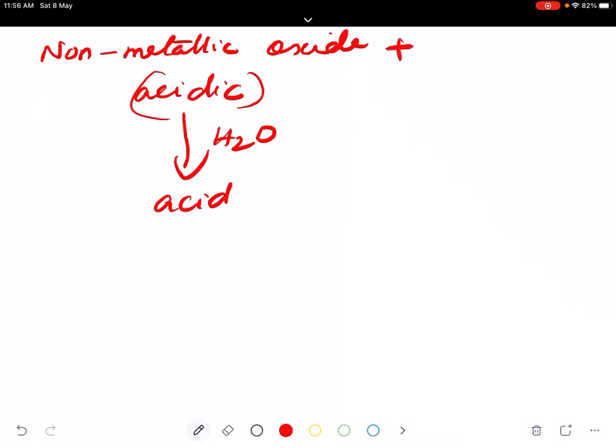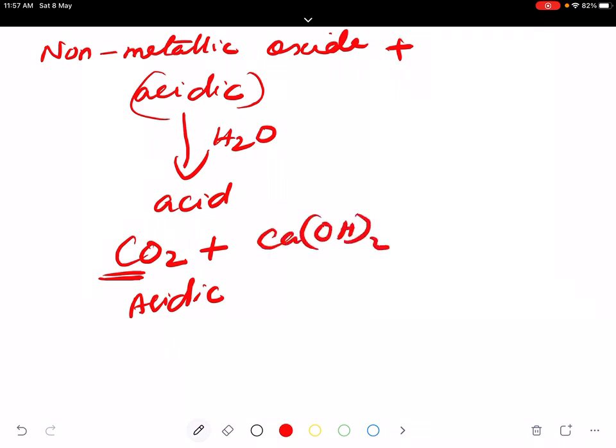For example, carbon dioxide. Carbon is a non-metal, so carbon dioxide is a non-metallic oxide. Non-metallic oxides are acidic in nature. This is acidic, so you have to treat it with a base. So when it is treated with a base, that is calcium hydroxide, it is a base.